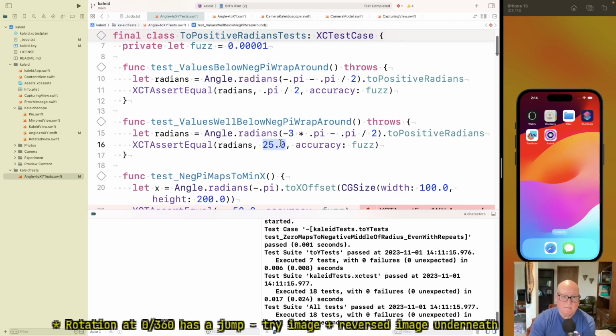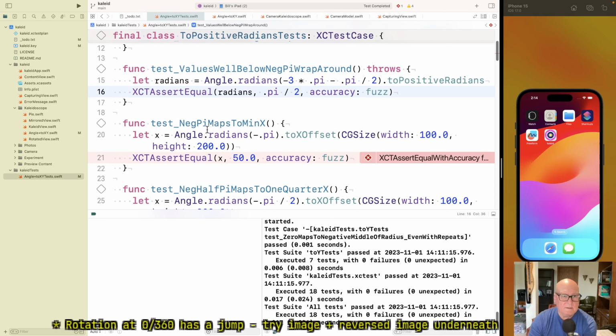It should be the same. Okay. Negative pi should map to, well, negative pi, let's say wraps to pi, because we're adding 2 pi.